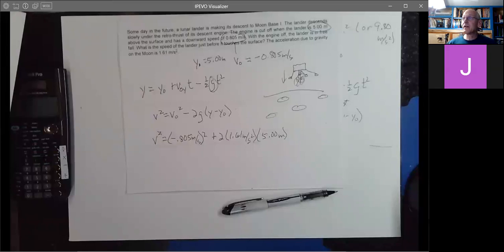Any questions? I'll stop the screen sharing here. Lots of problems today that we solved, and it's getting kind of mathy. It is. That's the nature of the thing. But I'll keep going with this. Let's see, free fall today. We may do a little more free fall tomorrow.